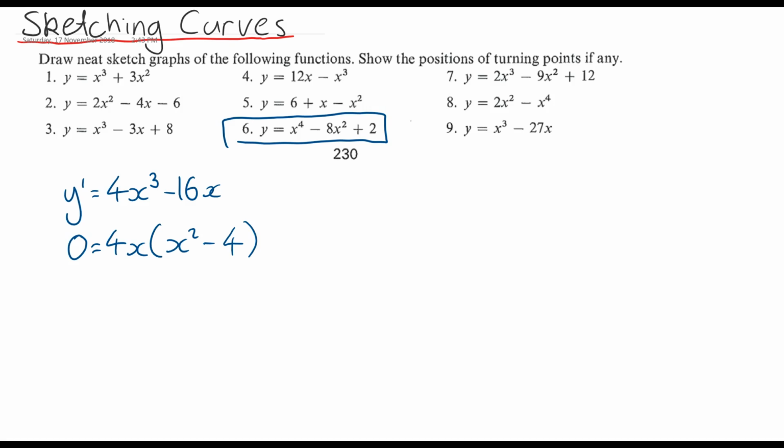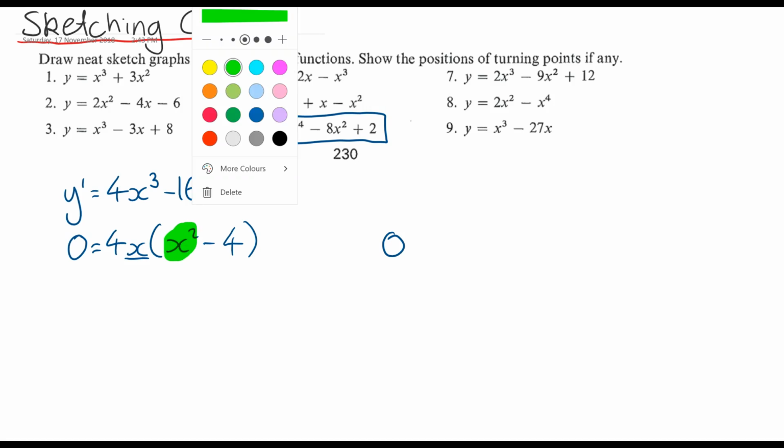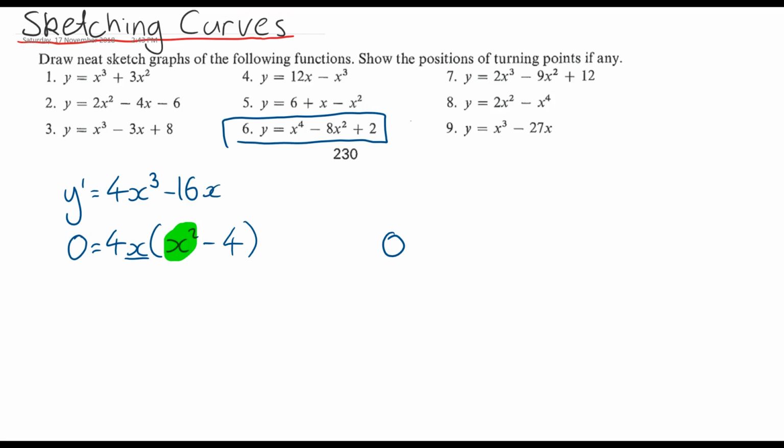Now I know that one of my turning point values is 0, because the null factor law tells me that when x is 0, 0 times 4 times whatever's in the brackets will give me 0. I also know that this is a difference of two squares problem, because it's got a first term that's a square, and a second term that's a square, and a minus in the middle.